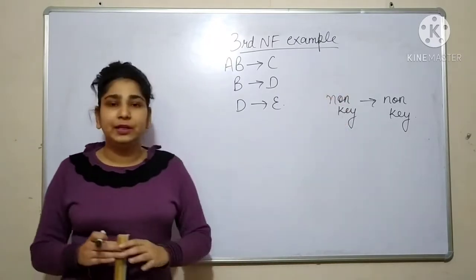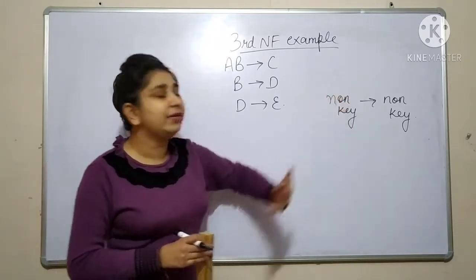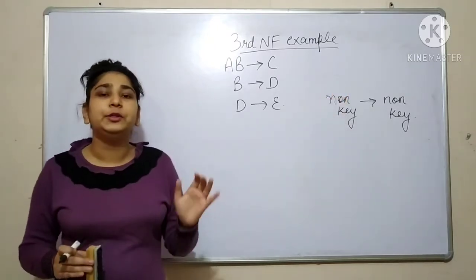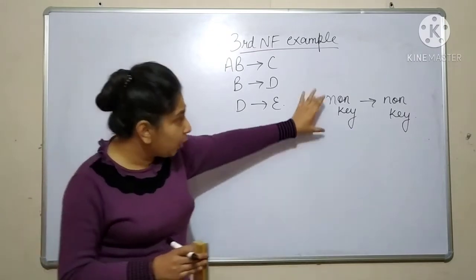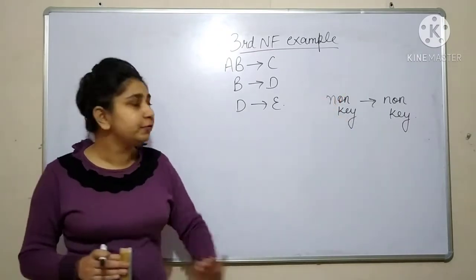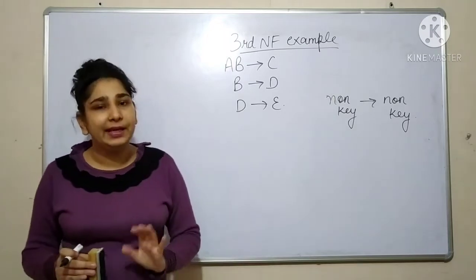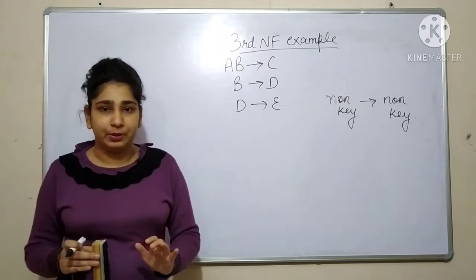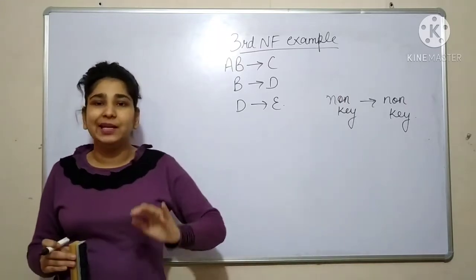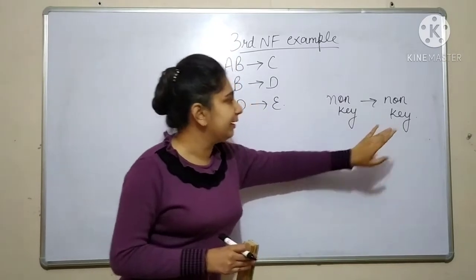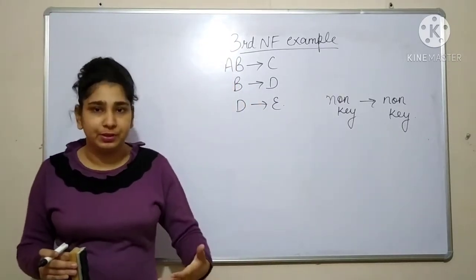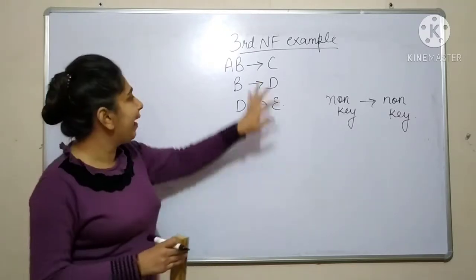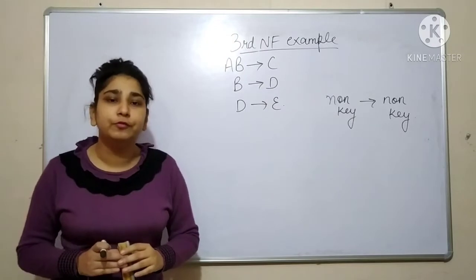A non-key attribute is any attribute that does not have all unique values; it has a lot of duplicated or redundant values. So when one non-key attribute with many duplicated values determines another non-key attribute, we remove that kind of redundancy with the help of the third normal form.